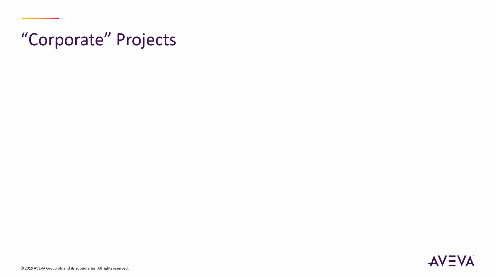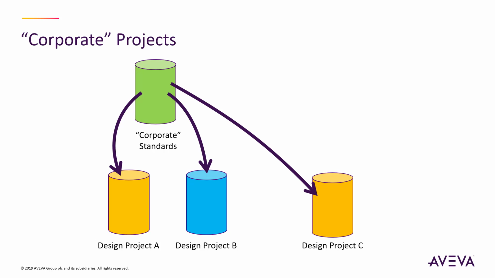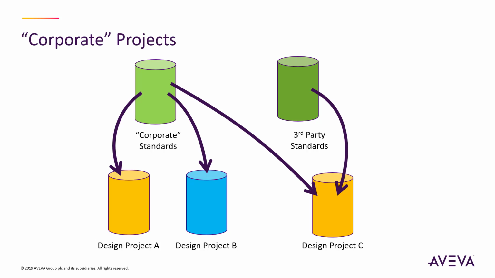So corporate projects are a great way to capture, say, equipment and piping standards in a project that is not necessarily part of the design project itself. As a separate project, it means that we can reference it into a new project without having to recreate that data. Of course, we can go on to create many projects with that, but the same solution may be used if you want to bring in third-party standards into your project, perhaps from a vendor or from a customer.